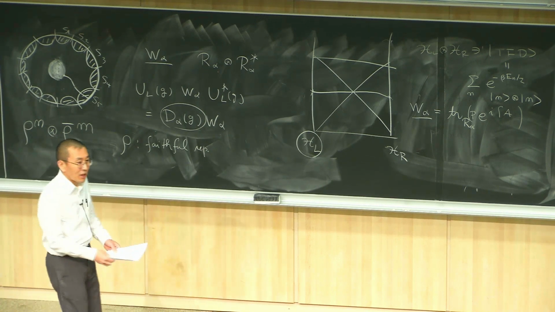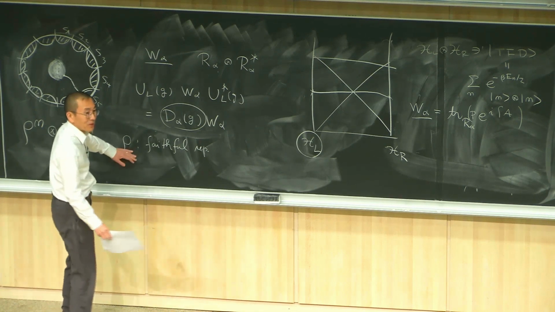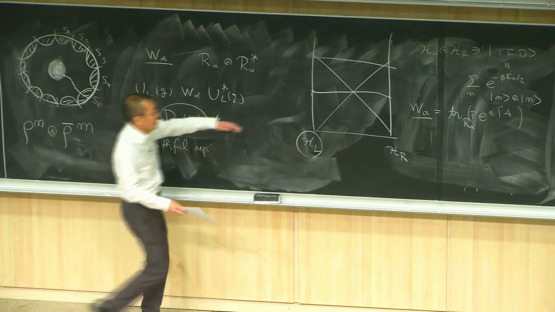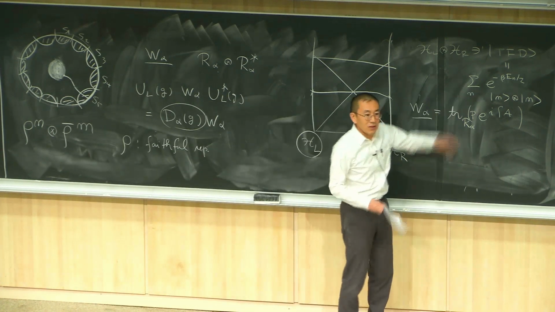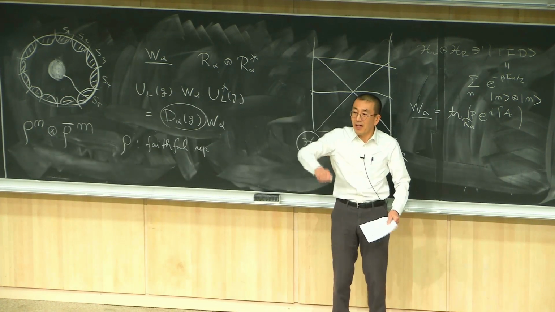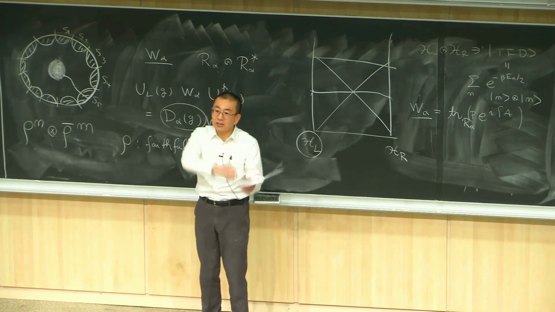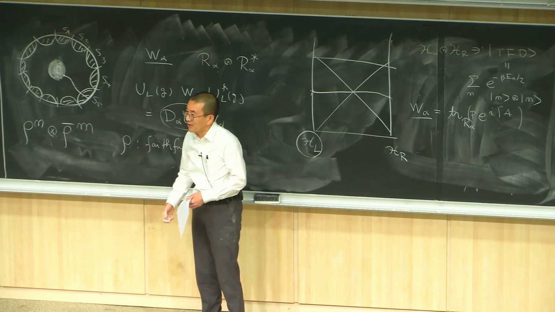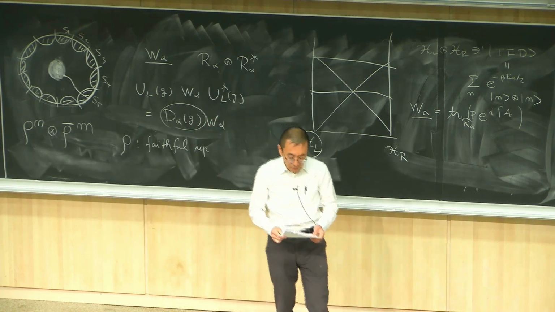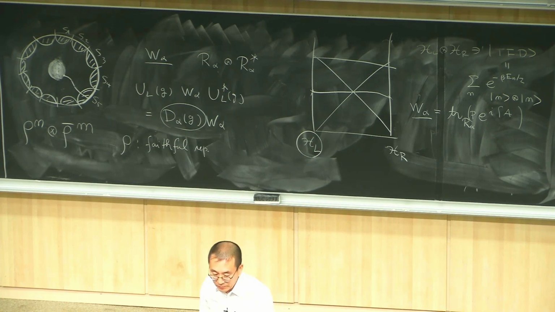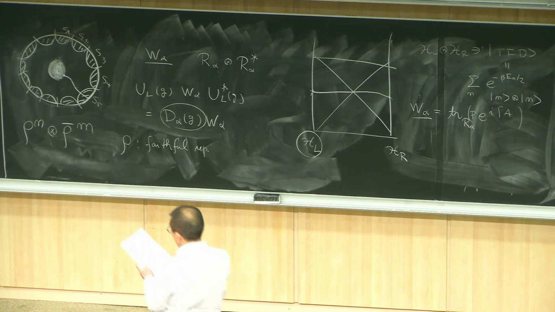So once you have one faithful representation, you can take tensor products of it, namely you can apply that operator to the Hilbert space many times, and then create any representation by acting with this operator many times and decomposing it into irreducible representations. That way you can generate any representation. You can ask, well, can a faithful representation appear?